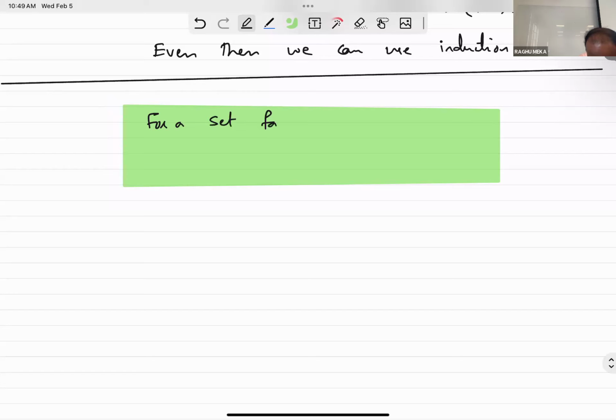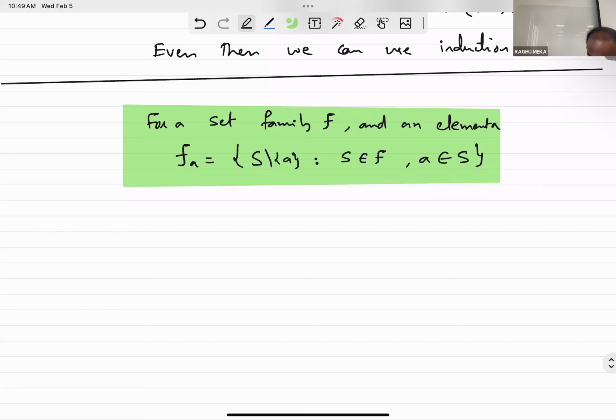For a set family F and an element A, F_A is all sets in the family which contain the element A, and then you take out the element A. Look at all sets which contain the element A, and then you take out the element. So now you have only k minus 1 elements if you had k elements before.